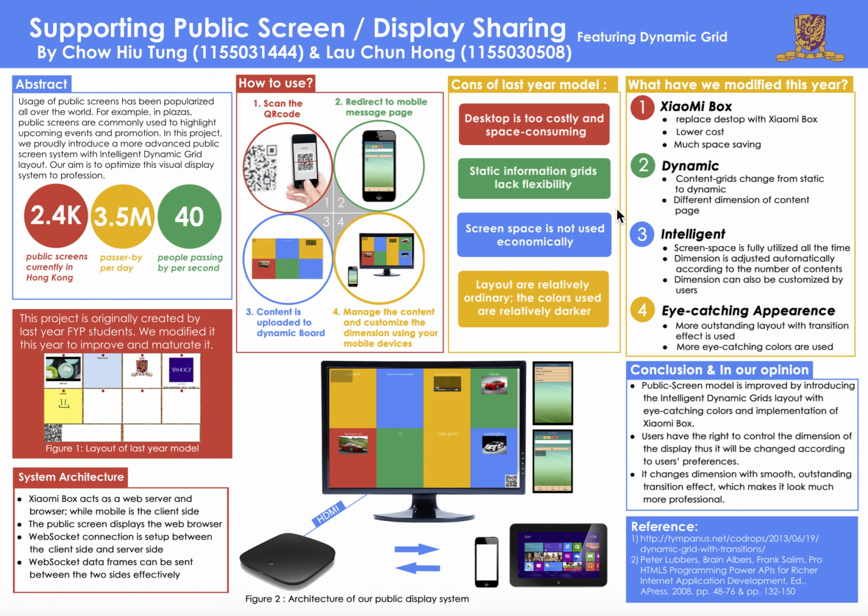But now we have a so-called dynamic grid. That means we can change the dimension of the content page. For example, it is now 2 times 4, but it can be changed to 2 times 2 or 1 times 4, etc.